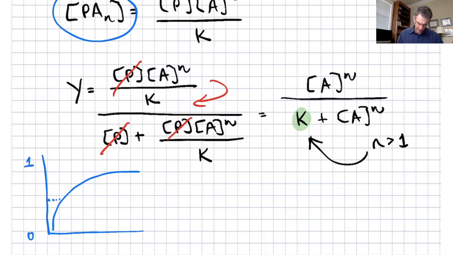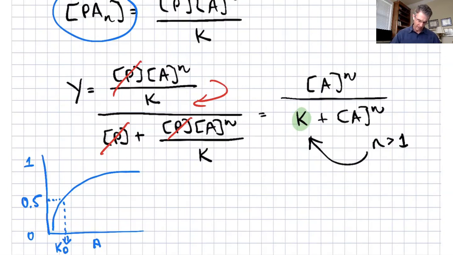Remember what happened right there at the half saturation point? The concentration of the ligand at that point is equal to the dissociation constant. You guys remember that, right? That's kind of useful.